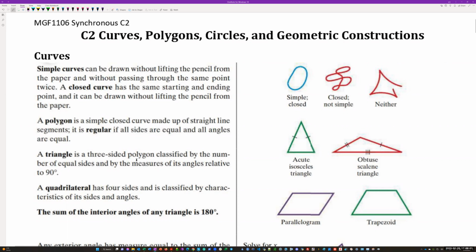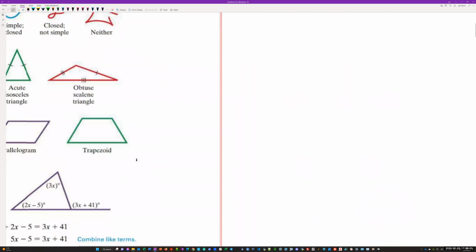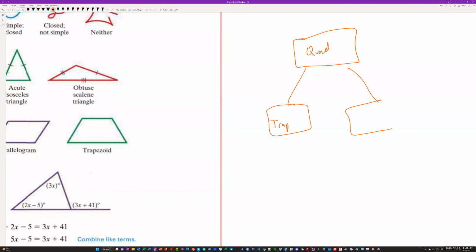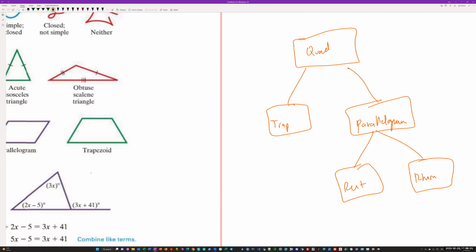Well, the way it defines trapezoid is it says a trapezoid has exactly one pair of parallel sides. That means it can't be a parallelogram, because a parallelogram means 2 pairs of parallel sides. So I think they usually make a chart. They'll write quadrilaterals here, then trapezoids, then, and I know I made this in the video, parallelogram. Then this is rectangles and rhombus.